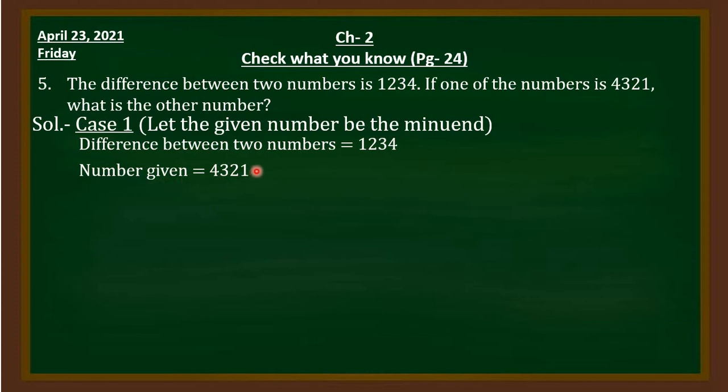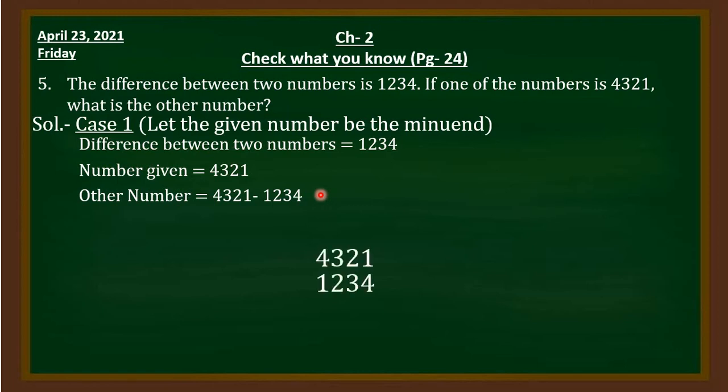Now kids, we have taken 4,321 as minuend. So this means that we are going to subtract the difference from this number to get the other number. So other number is 4,321 minus 1,234.